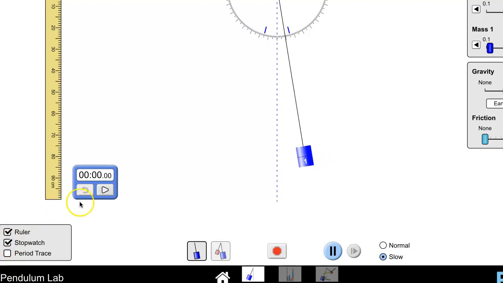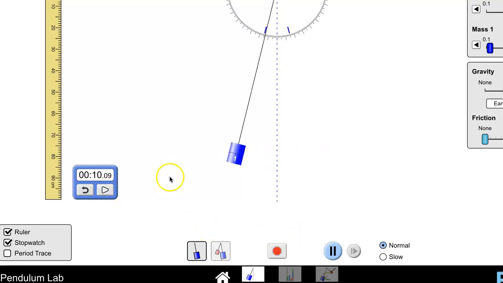Let me wait till it reaches the highest point, and then this is 1. All right, and then let's have it normal. 2, 3, 4, and then you're going to count. It's easier when you have it slower.